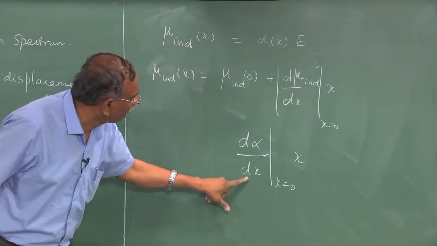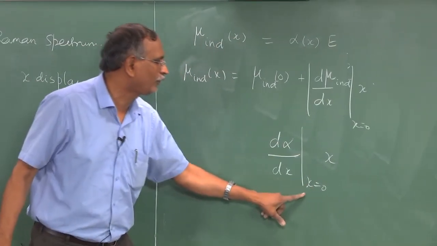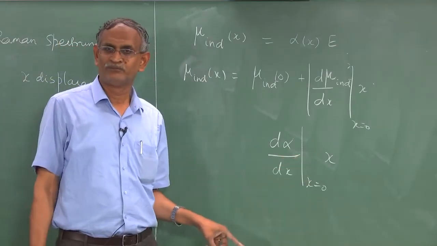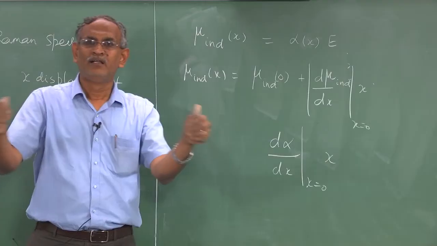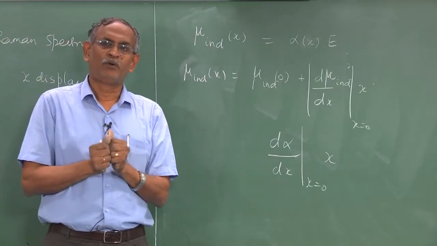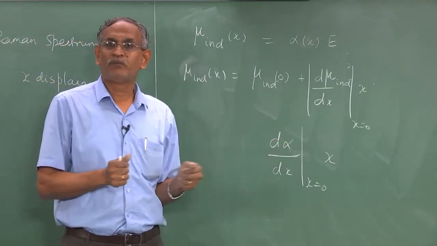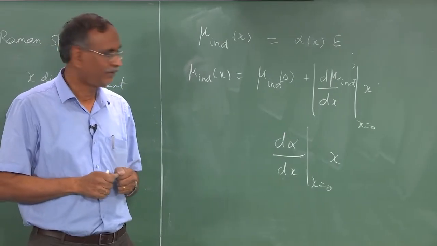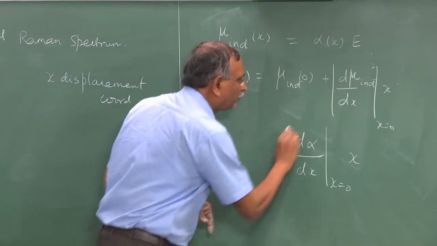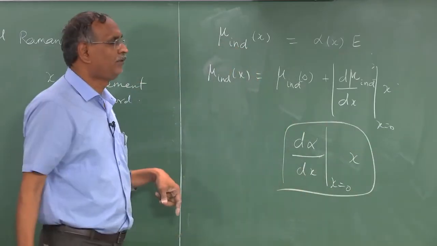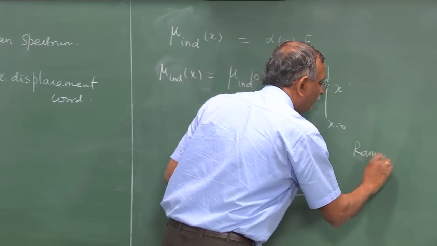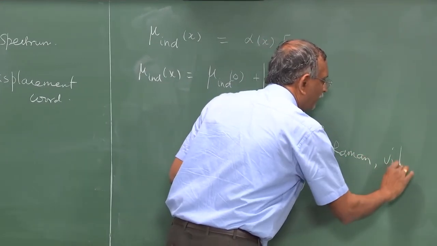But please remember, this d alpha by dx at x equal to 0 does not have anything to do with vibrational motion. It is a static polarizability due to the external electromagnetic field, and therefore it is this component which is still responsible for Raman, but vibrational.